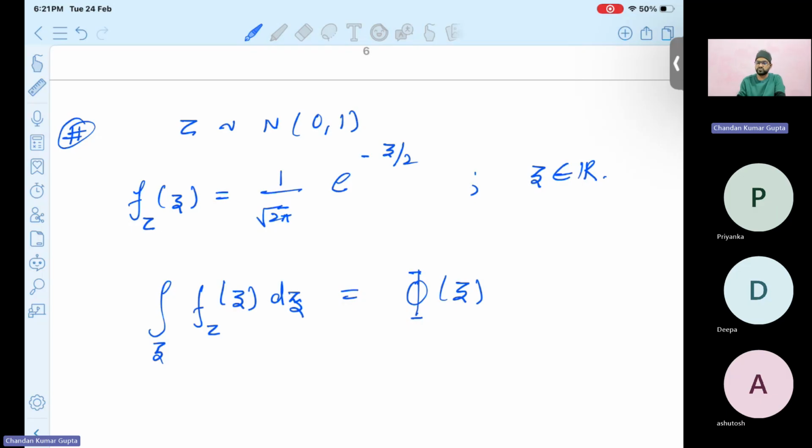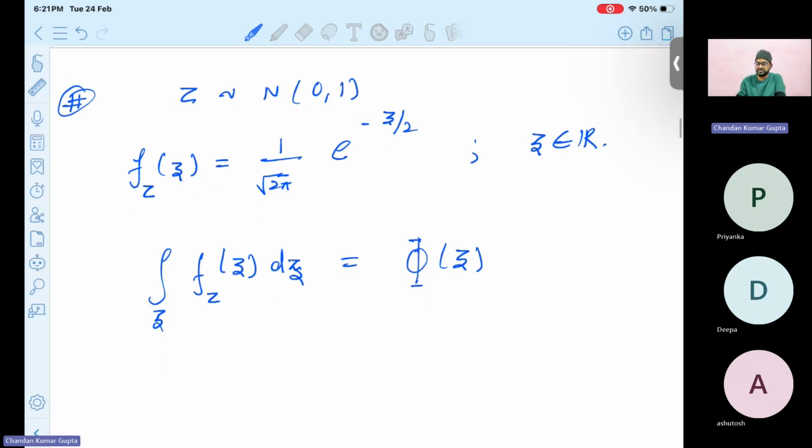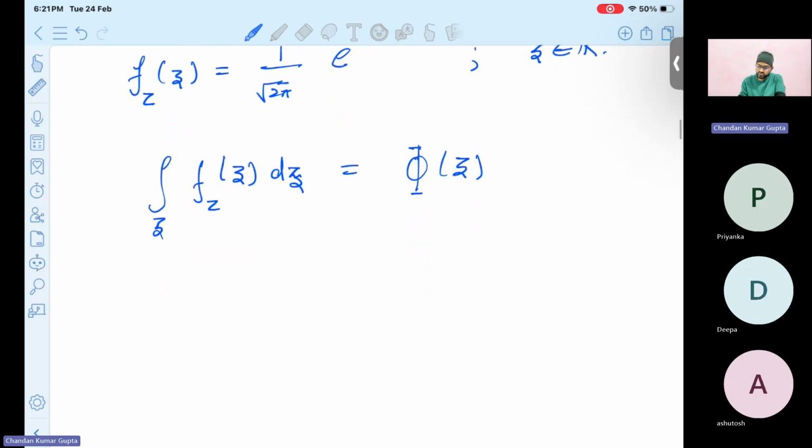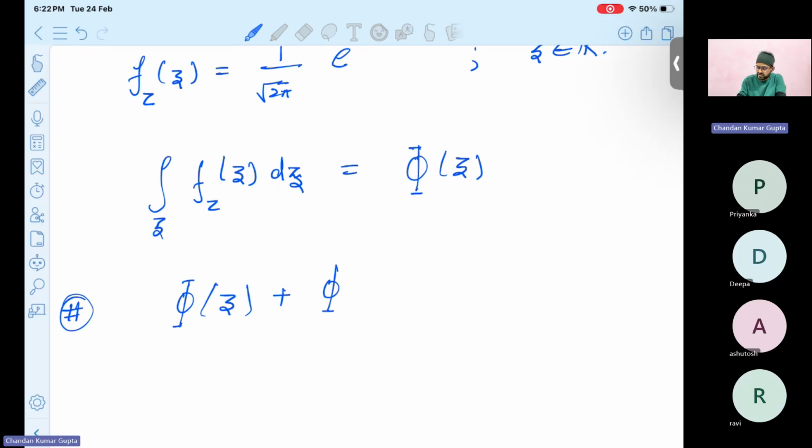Since its integral is not in closed form, we may use capital phi of z for it. Also, since it is symmetric in nature, phi of z plus phi of minus z comes out to be 1.